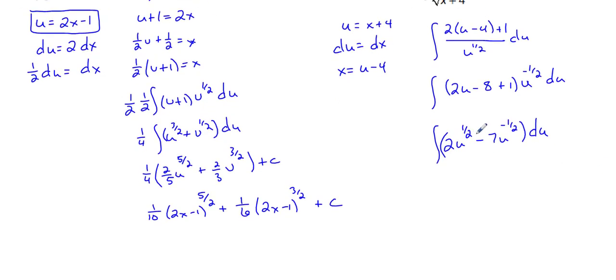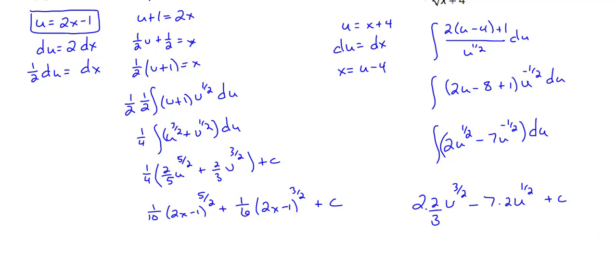And now we're at a point where antiderivative is pretty convenient. Okay, 2, leave a little space, u, add 1 is 3/2, multiplied by a reciprocal, 2/3. Minus 7, leave a little space, u, -1/2 plus 1 is 1/2, multiplied by reciprocal, 2, plus c.